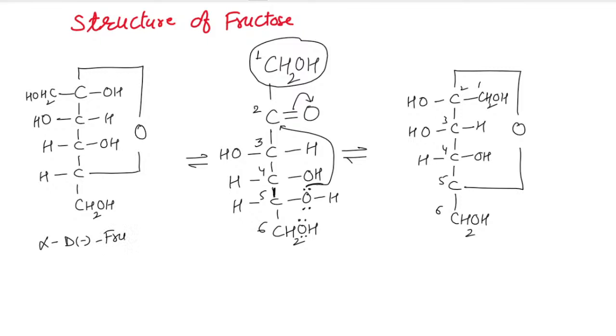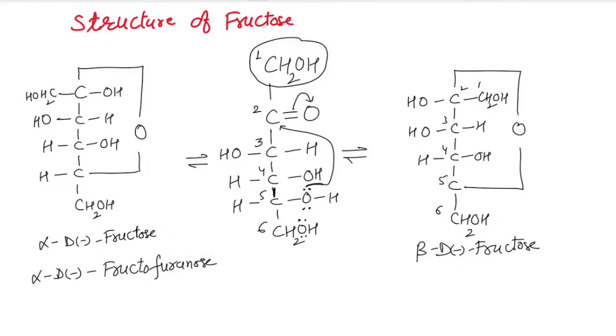So now this is called alpha D negative fructose, because on the second carbon, see, OH is on the right side. Here OH is on the left side. So it is also called alpha D negative fructofuranose, because it has a resemblance with furanose.